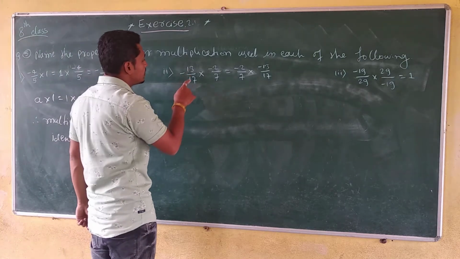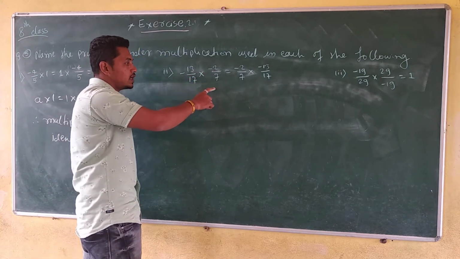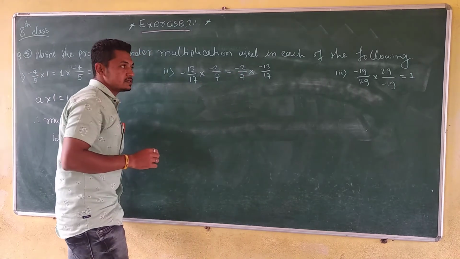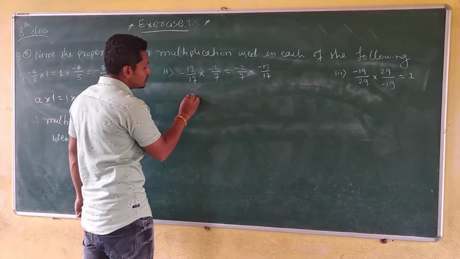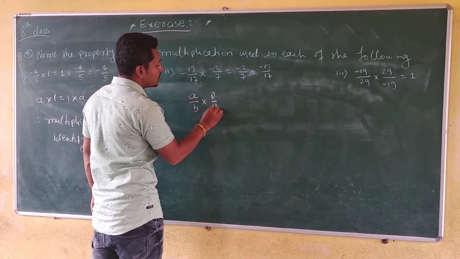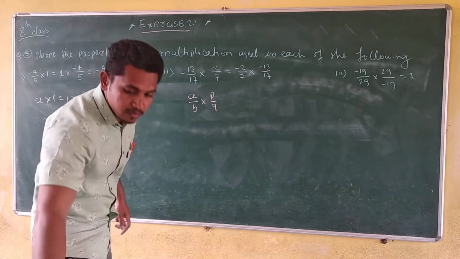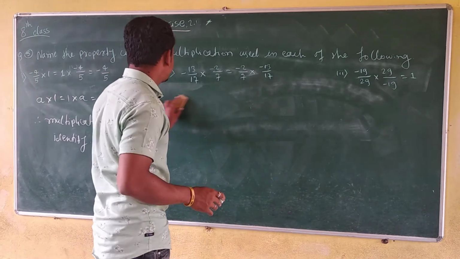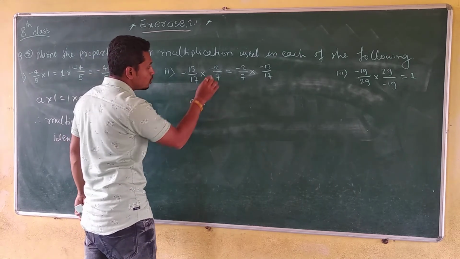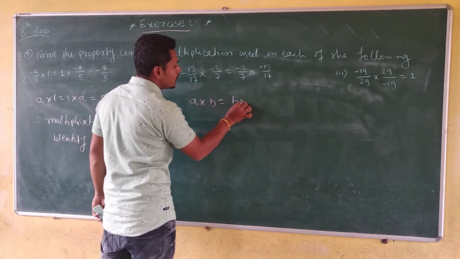Next, minus 13 divided by 17 into minus 2 divided by 7 is equal to minus 2 divided by 7 into minus 13 divided by 17. Take minus 13 divided by 17 as a and the other as b: a into b is equal to b into a.